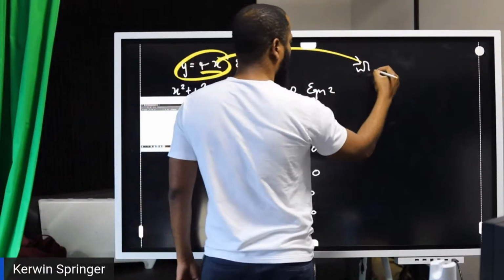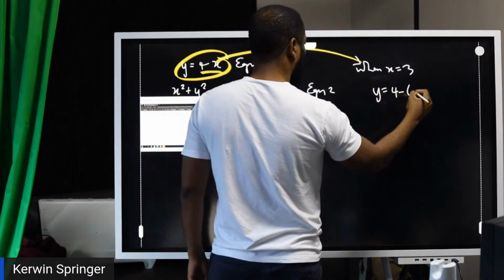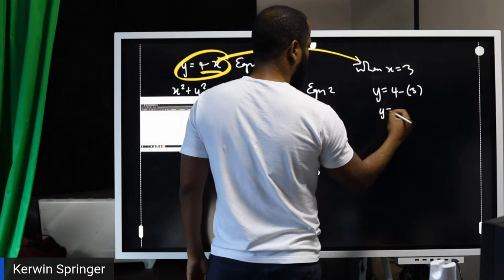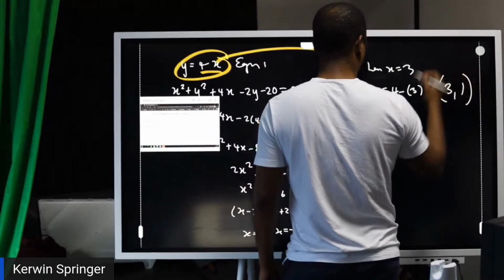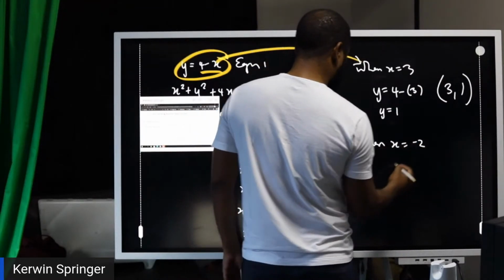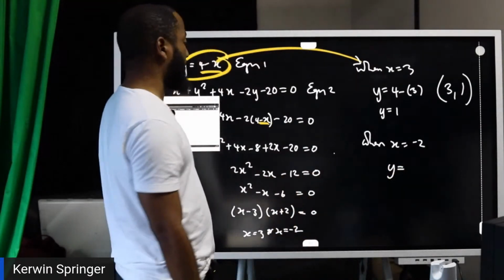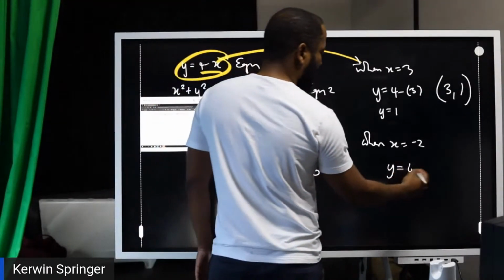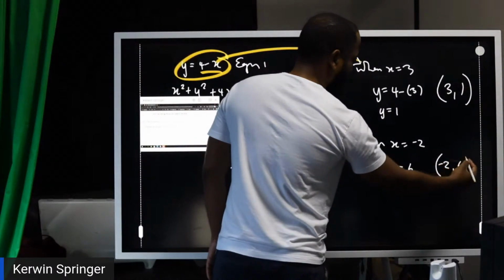When x is equal to 3, y is equal to 4 minus 3, y is equal to 1. So one of the coordinates is (3, 1). And when x is equal to negative 2, y is equal to 6. So the other coordinate is (negative 2, 6).